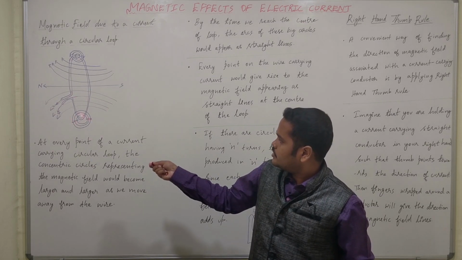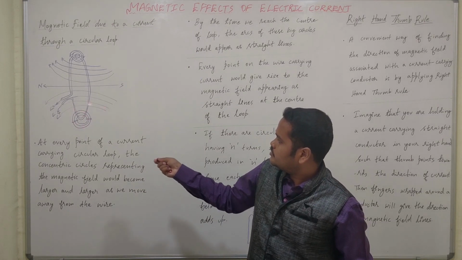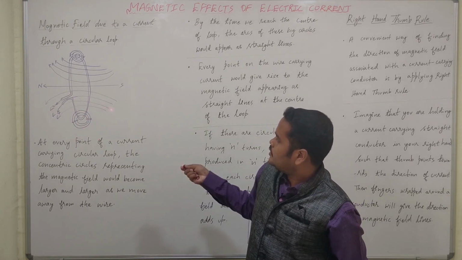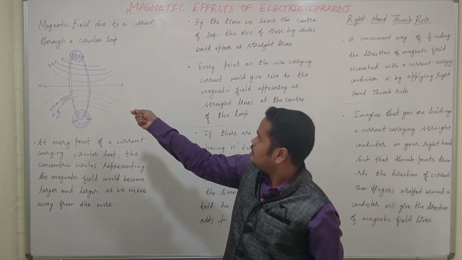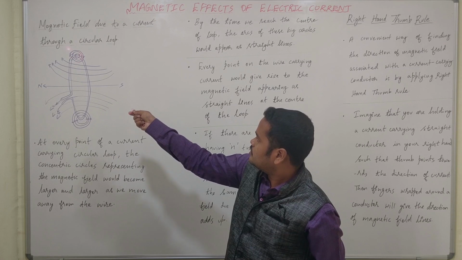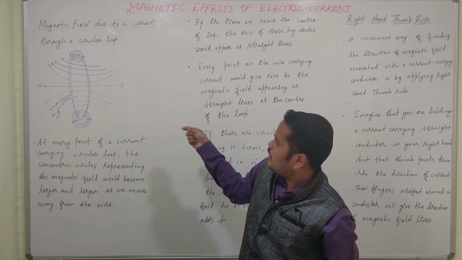So here the circle is small. As you move away, these circles are becoming bigger and bigger. The same here, smaller circles are becoming larger and larger.